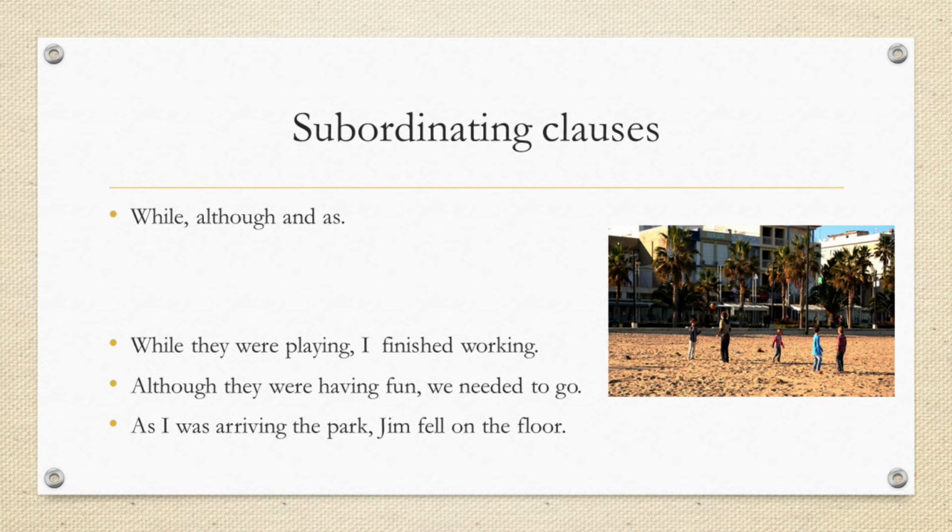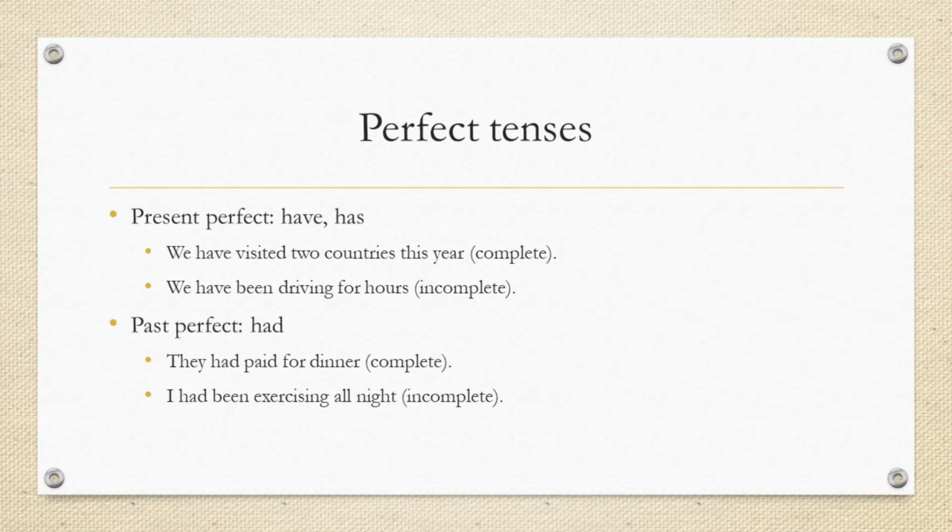So it's something that we needed to do and that happened in the past, and even when they were having fun. And the last one is as I was arriving in the park, Jim fell on the floor. So it's a situation that was taking place at the same time that Jim fell on the floor, which is a finished business. So it's a finished business close to a situation that was still taking place.